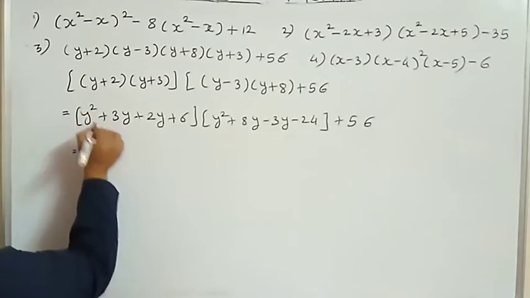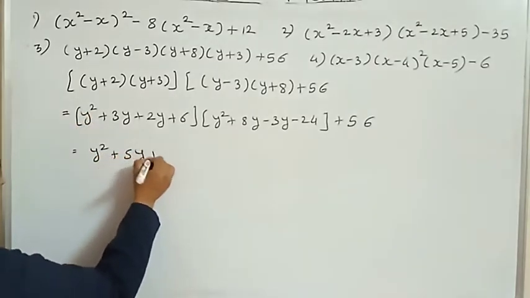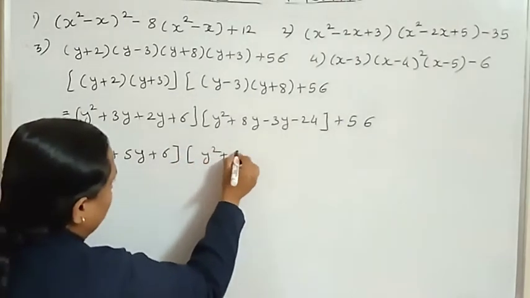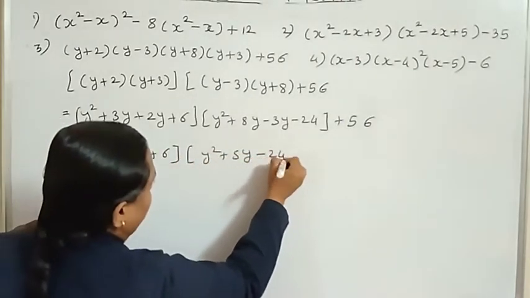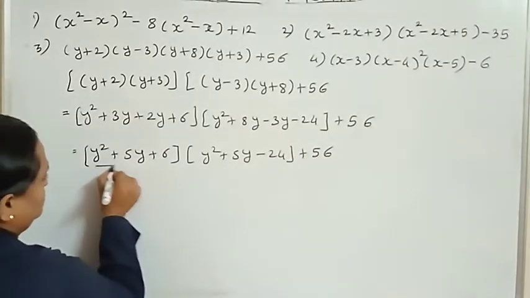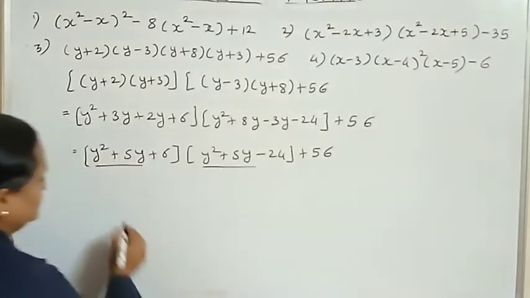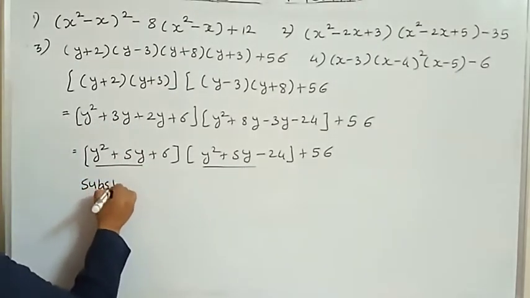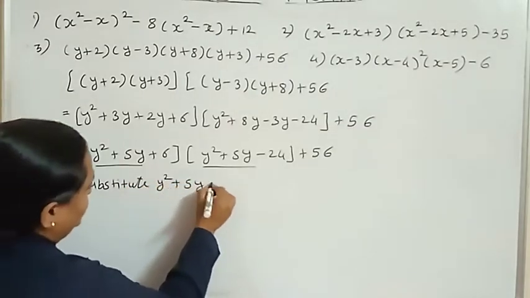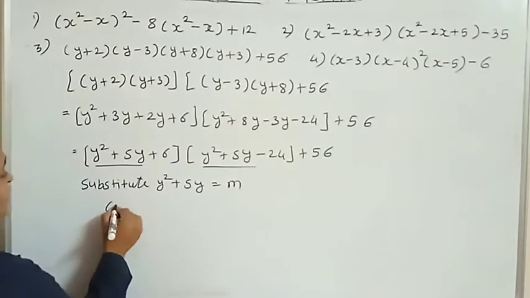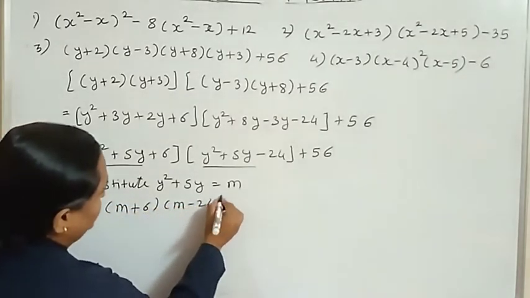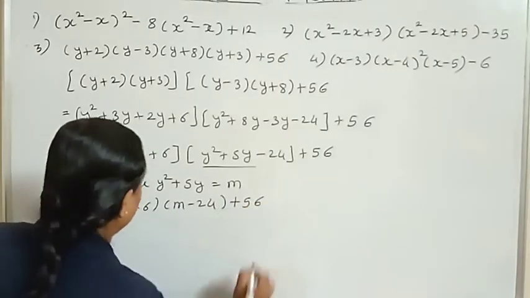So y square plus 5y plus 6, and in another bracket y square plus 5y minus 24, plus 56. Now we have to do substitution. See, y square plus 5y, y square plus 5y. Then substitute y square plus 5y is equal to m. Then you will get m plus 6, m minus 24, plus 56.